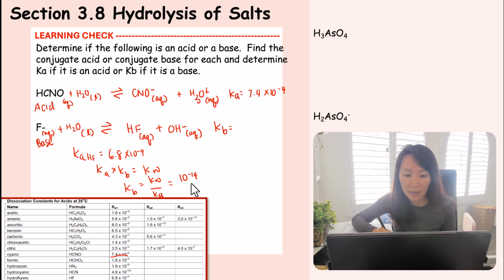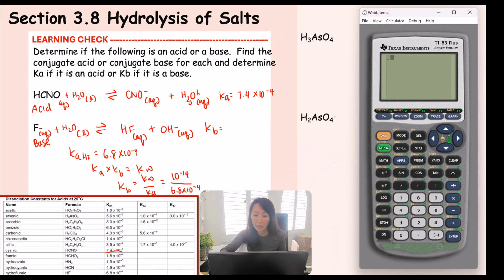That'll be the same thing, divided by the Ka value, which is 6.8 times 10 to the negative 4 power. And that will give me the Kb. So let's go ahead and calculate that. 10 to the negative 14. I'm going to press enter and then divide by 6.8 times 10 to the negative 4.